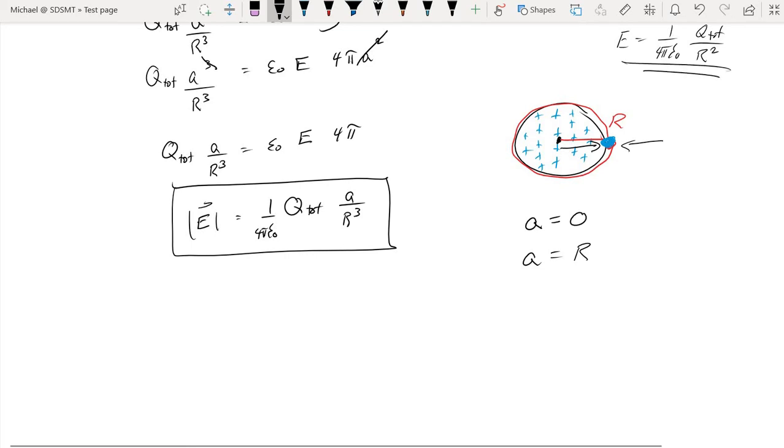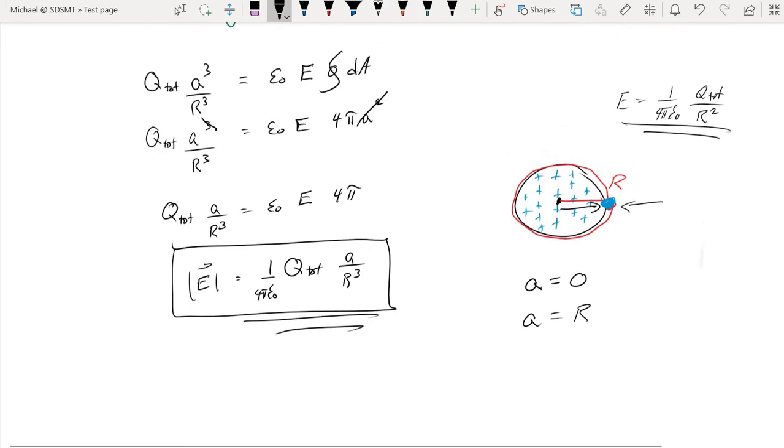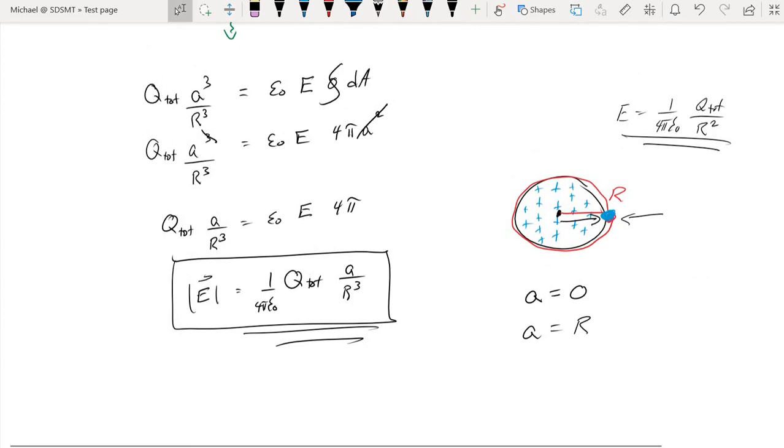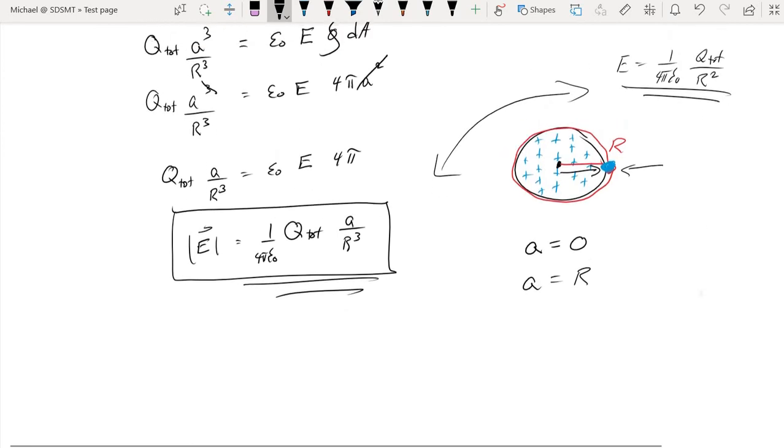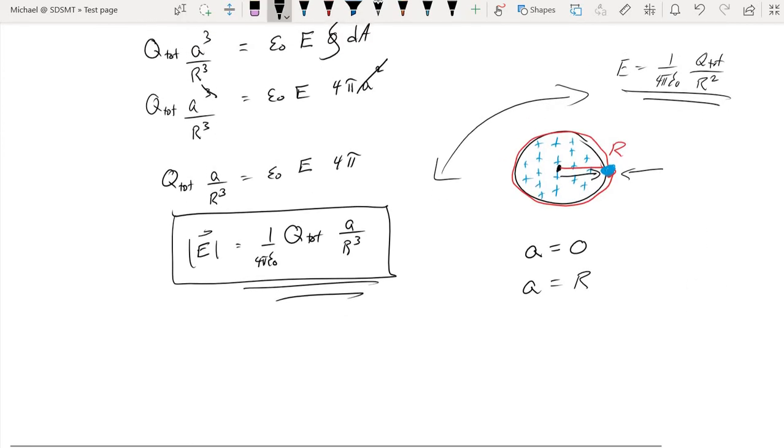And so it's important that both of our methods, whether we're using Gauss's law on the outside of the sphere or Gauss's law on the inside of the sphere, that both of those expressions converge to give us the same value.